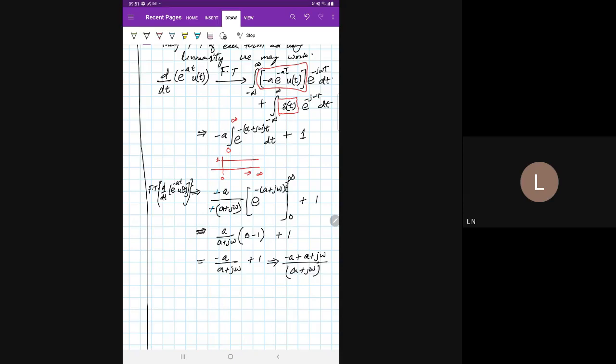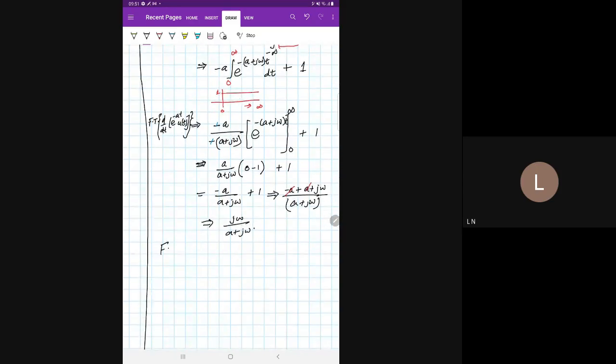Now see, you have plus a here and minus a here. They will cancel. Therefore, it will be j omega divided by a plus j omega. Hence, we can say the Fourier transform of d by dt of e raised to power minus at u of t will be equal to j omega divided by a plus j omega.